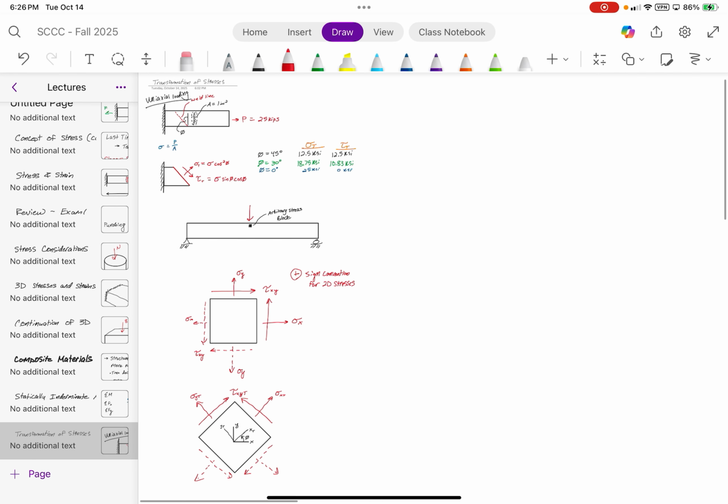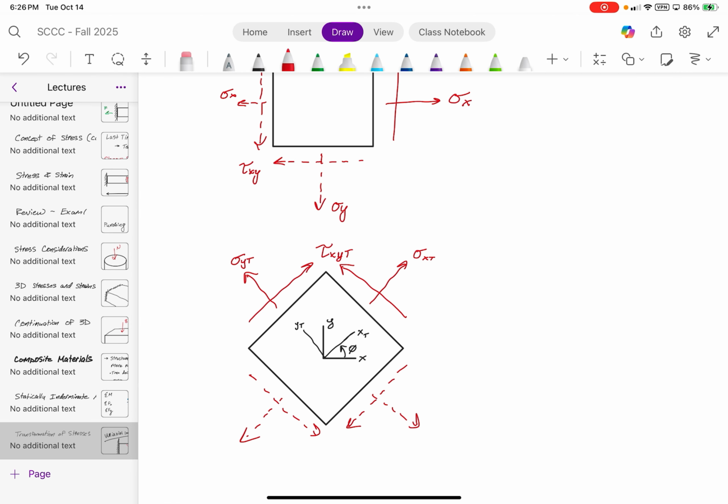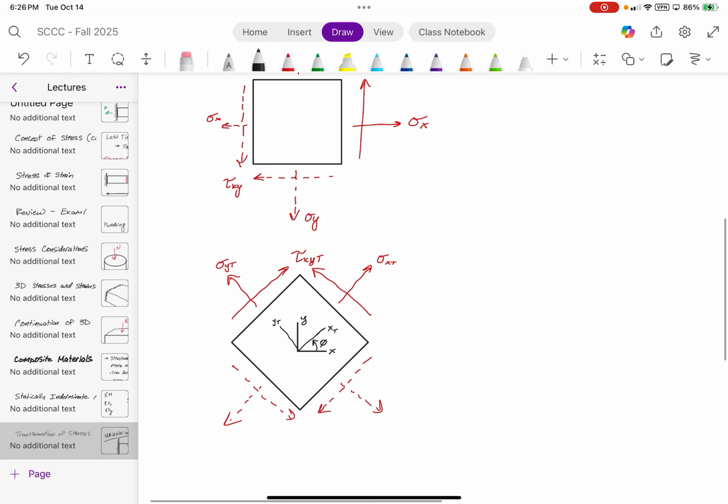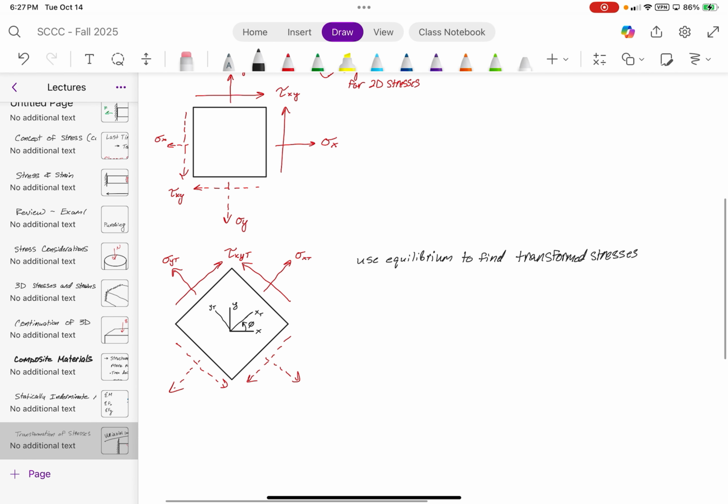This is basically doing the same thing that we did above for the weld, but now we're applying it into a more universal case scenario. Does that make sense? So, when we look at these stress equations, we can use equilibrium to find the transformed stresses.